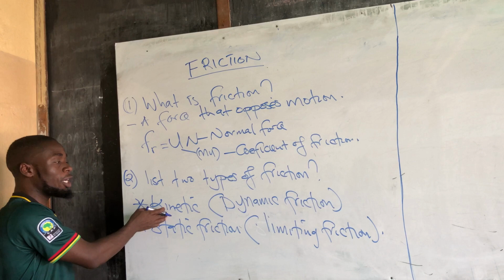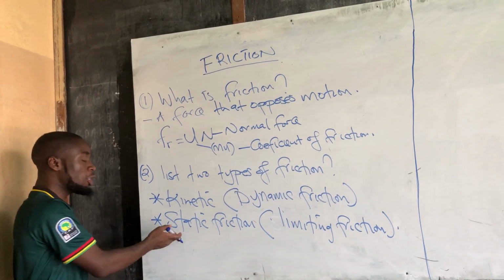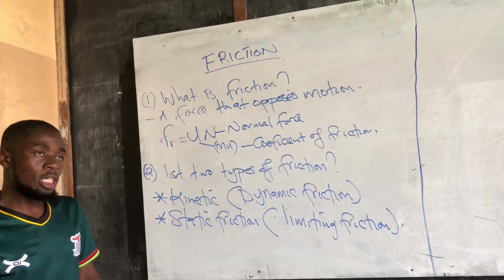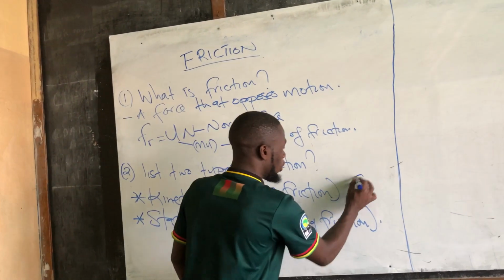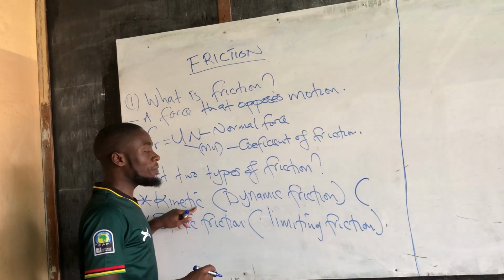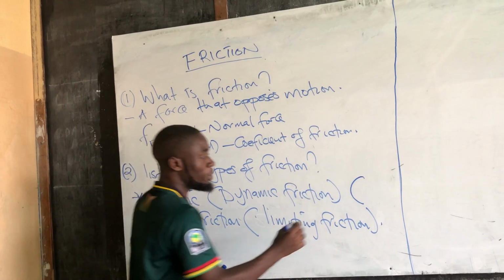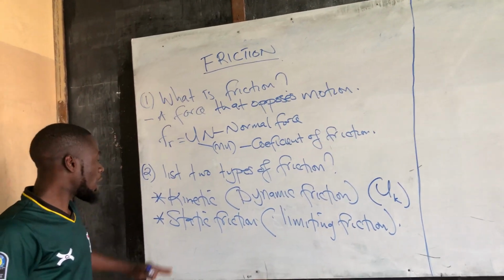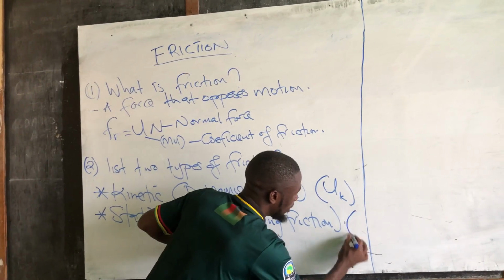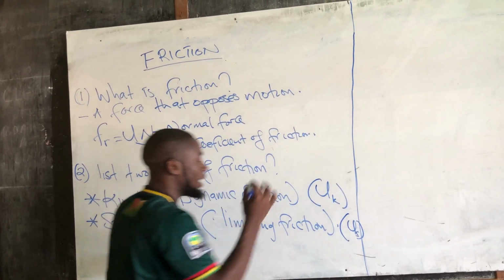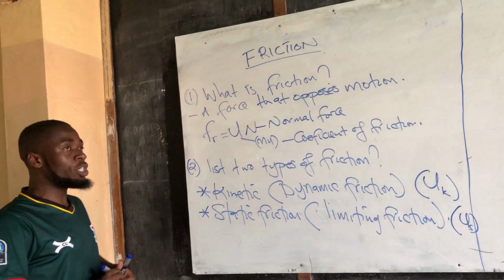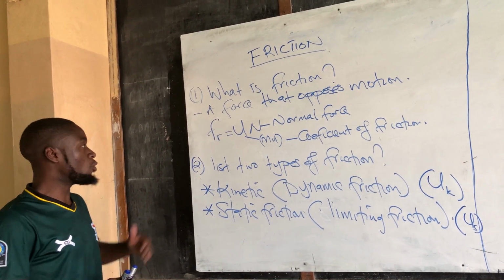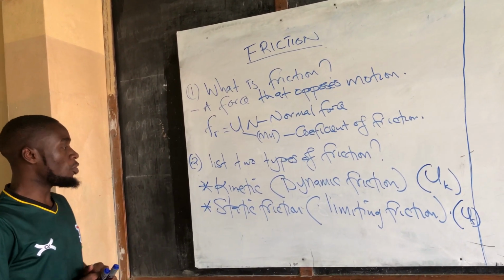Kinetic is when a body is moving, static is when a body is not moving. The coefficient of kinetic friction is given by mu with a small k, and for static friction it is given by mu s. These are the 2 types of friction, and you must know this if you have to answer a question on friction.